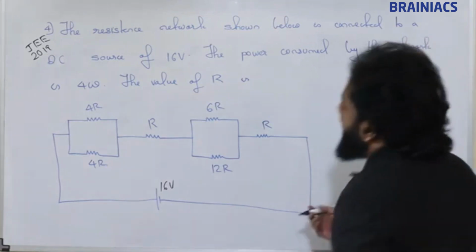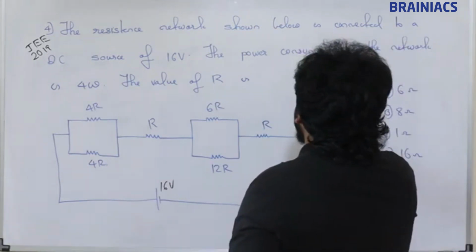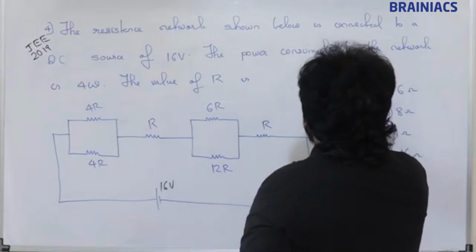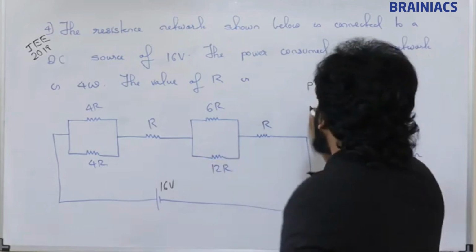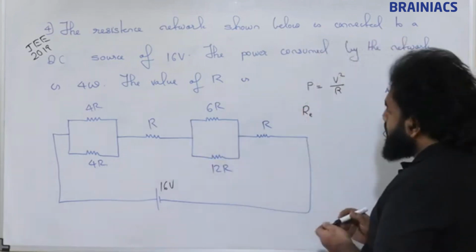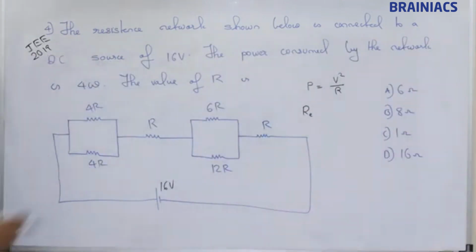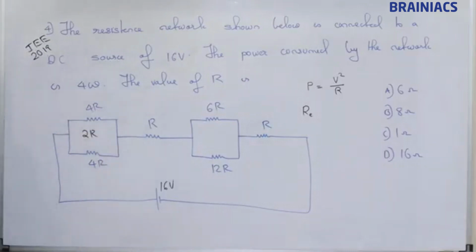Right, done. Here we will use power is equal to V square by R. So what is the equivalent resistance in this case? 4R and 4R are in parallel, this is nothing but 2R.